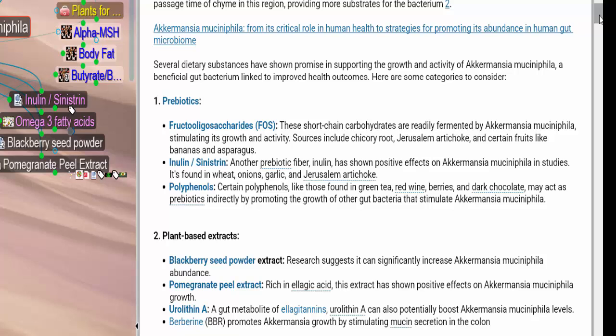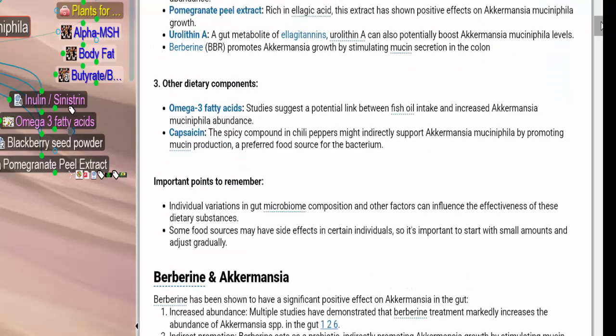And then as far as polyphenols go, certain polyphenols, like the ones that we find in green tea, red wine, berries, and dark chocolate, may act as prebiotics indirectly by promoting the growth of other gut bacteria that stimulate Akkermansia. As far as plant-based extracts, it likes blackberry seed powder extract, pomegranate peel extract.